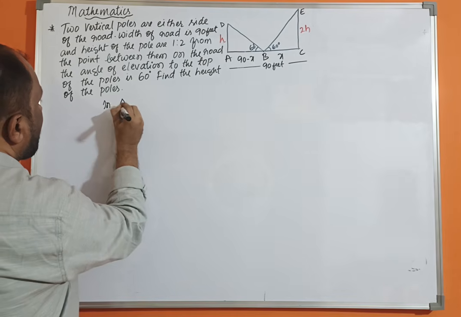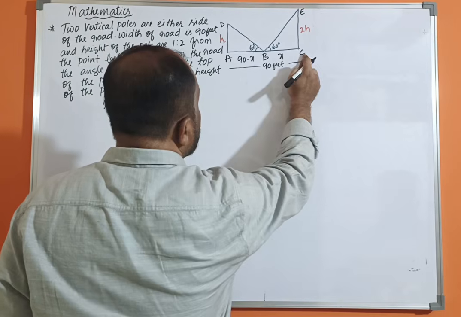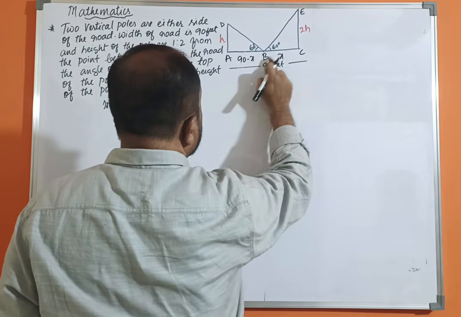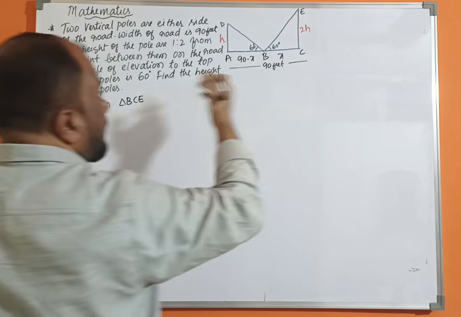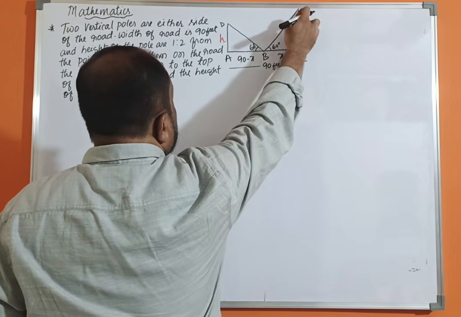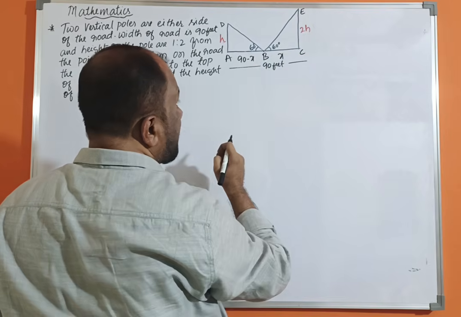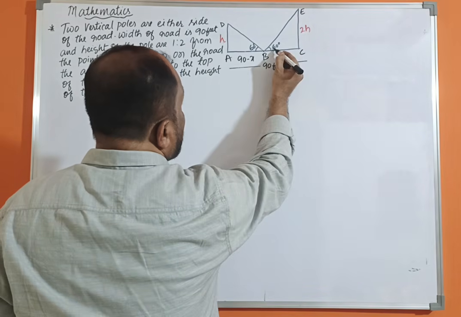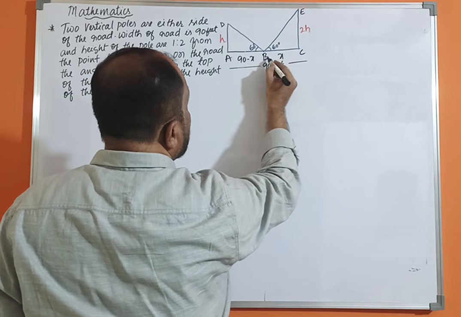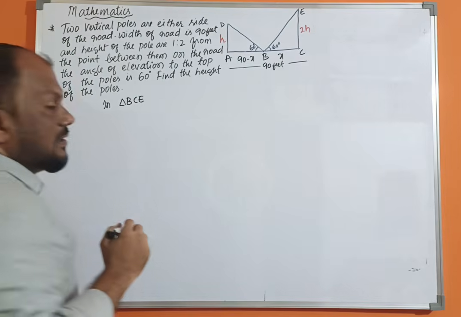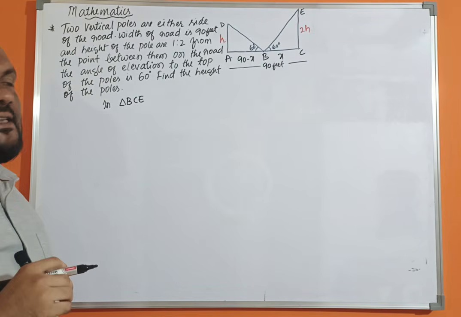In triangle BCE, I don't know the length of BC and the length of EC, but we know X and 2H are the variables. If your reference angle is 60 degrees, then CE is opposite and BC is adjacent. Which ratio do we use for opposite by adjacent? Tan.